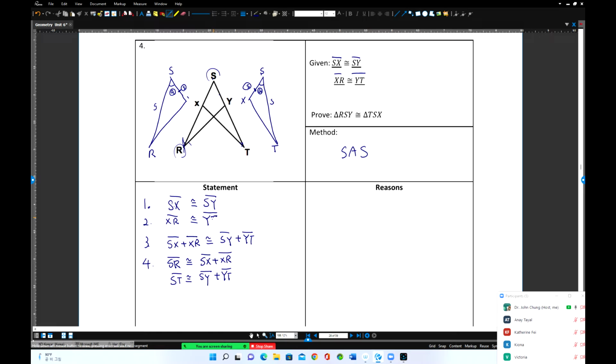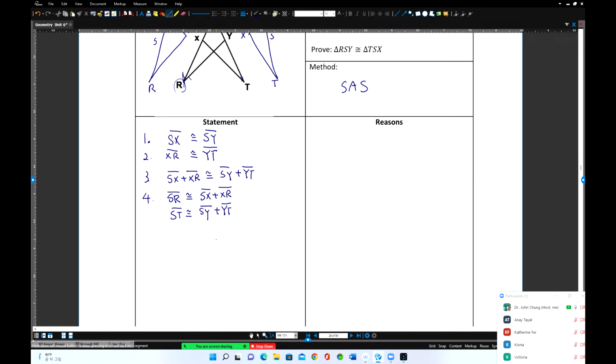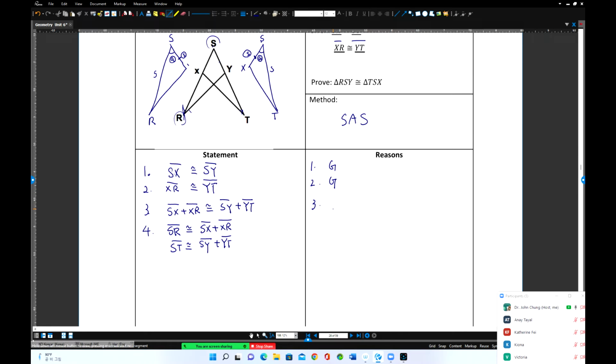Not little t, capital T. In 1, 2, given. 3 is what? Addition, okay? Number 4 is what? Partition, right? Partition postulate.